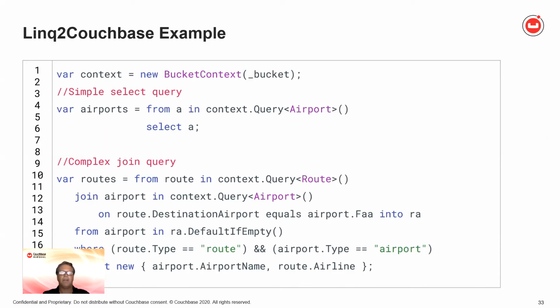Once you've done that, you can then query your data in the bucket just like you would any other LINQ query. This would be just like Entity Framework or LINQ to SQL or anything like that. It's very powerful. You could do simple queries. You could do more complex joins. We support pretty much everything, if not everything, that N1QL provides. Very cool stuff. Very powerful.